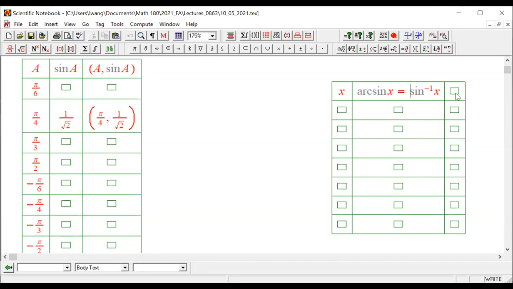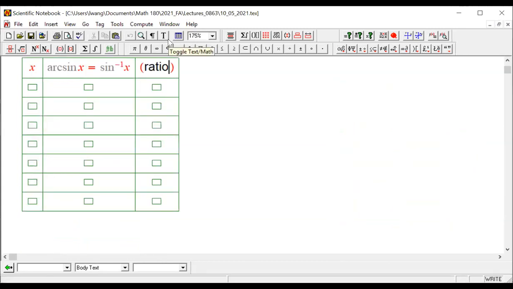And the next one, we're going to have the input and output. The input is ratio. And the output is angle.